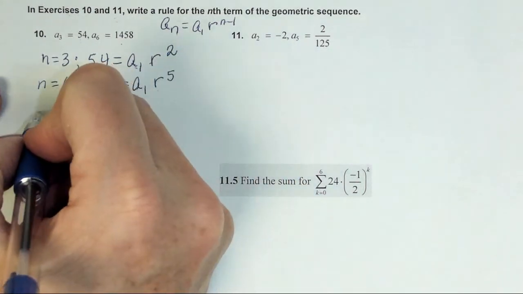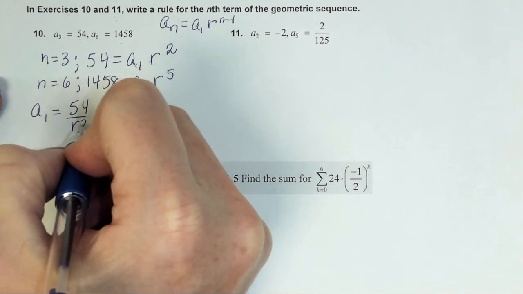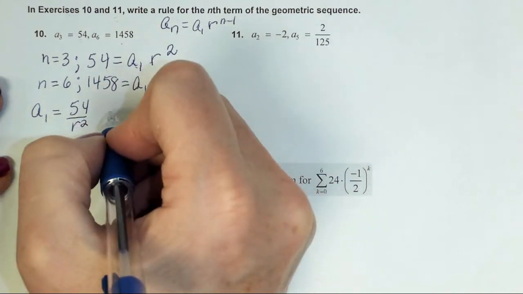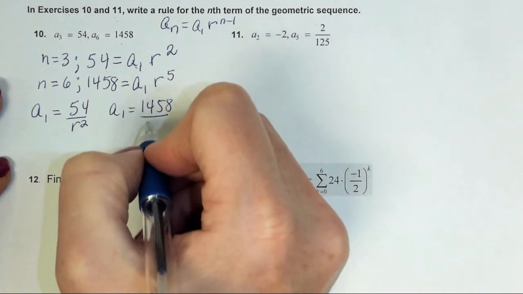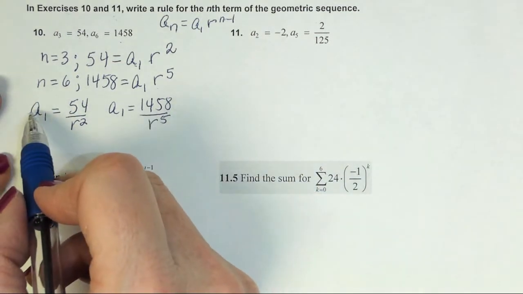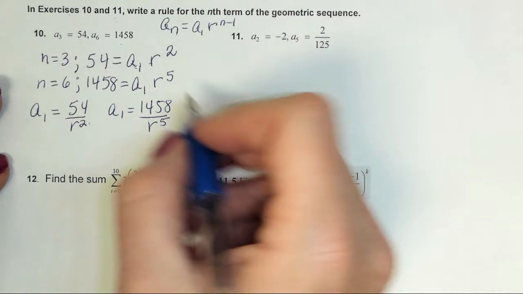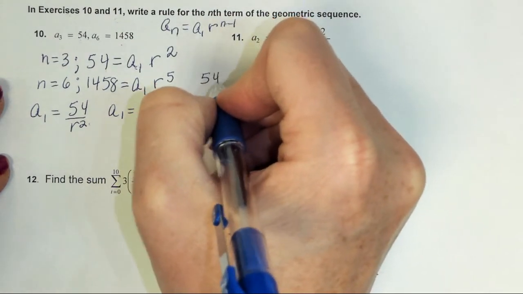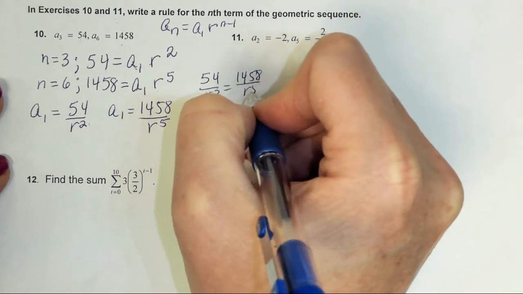So for my first equation, a sub 1 is going to be 54 over r squared. For my second equation, a sub 1 is going to be 1458 over r to the 5th. So what would I do if this is a sub 1 and this is a sub 1? Right, set them equal to each other. So I'm going to have 54 over r squared equals 1458 over r to the 5th.